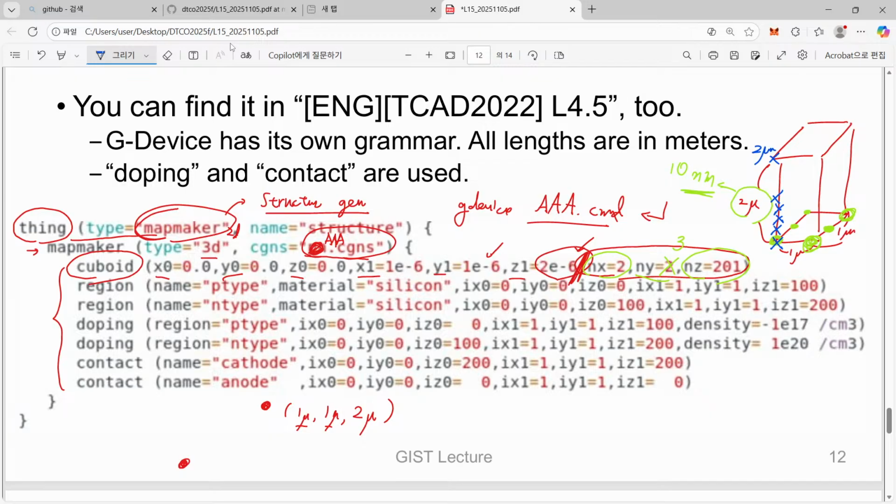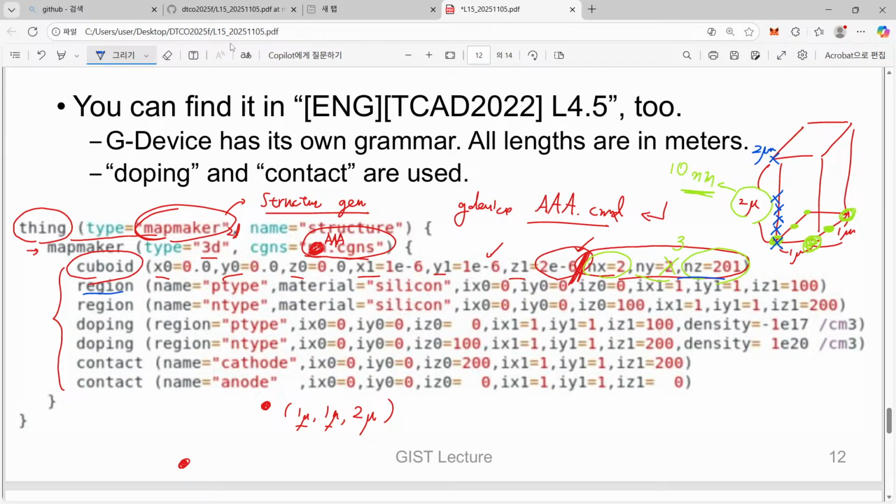We will have quite a dense grid along the z direction, and along the x and y directions we have a much more relaxed one, because this structure is really one-dimensional and we have no variation along the x and y directions.